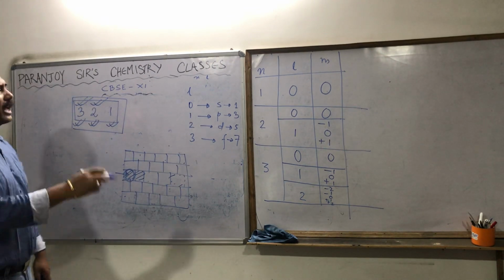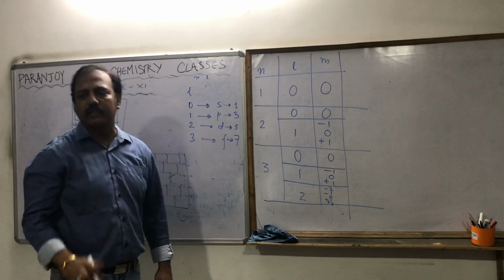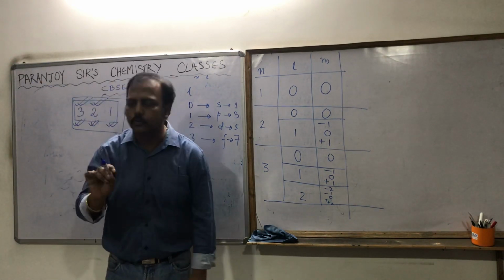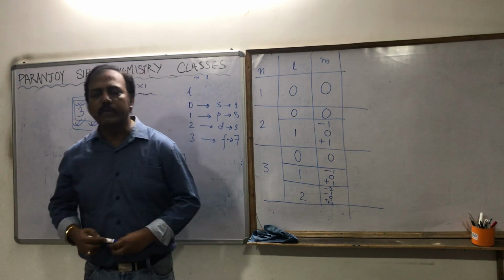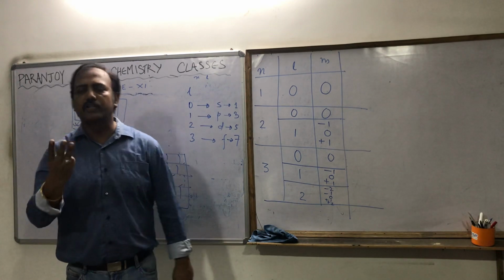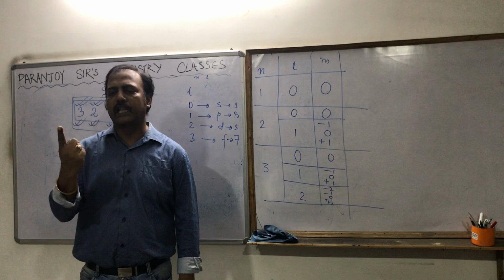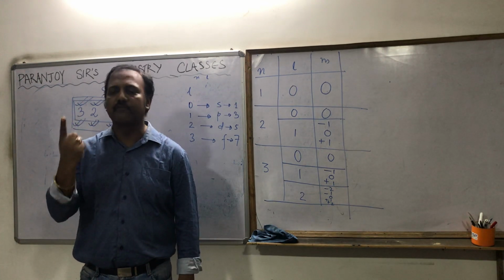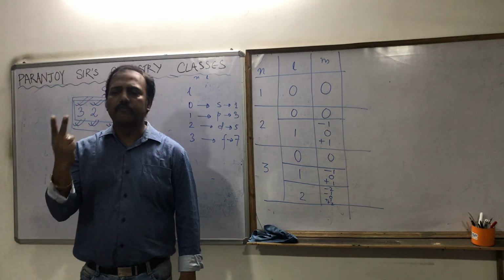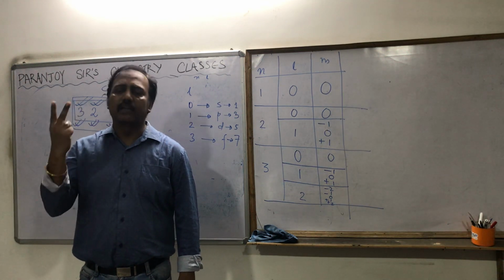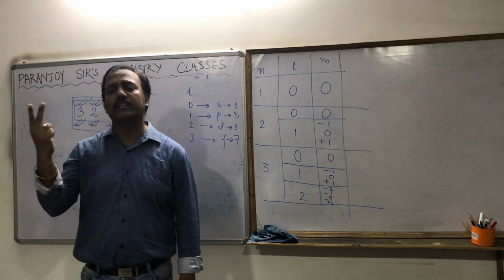Just like that, to talk about a particular orbital, how many quantum numbers do we need? We need only 3 quantum numbers. Principal, which will tell which shell or which level it is. Azimuthal, which will tell the shape of that orbit. Clear? In that particular shell, which orbit?